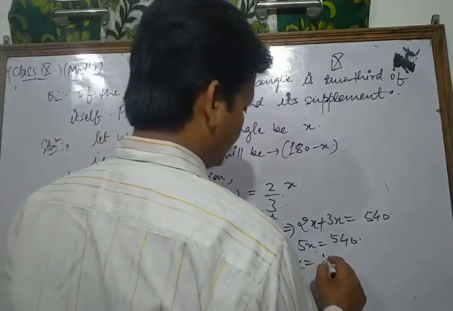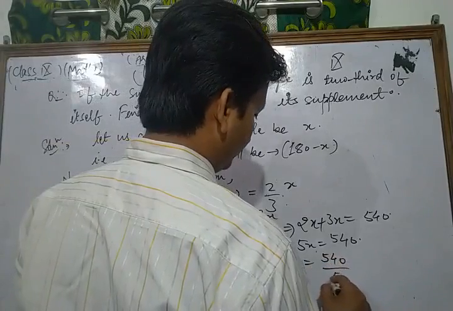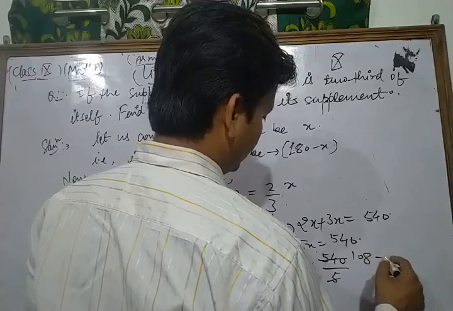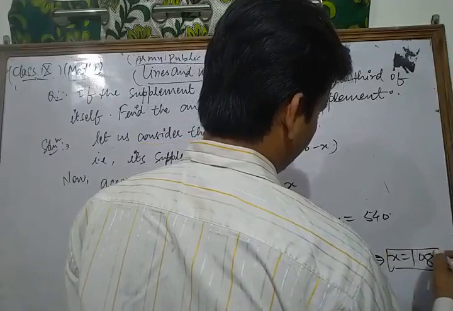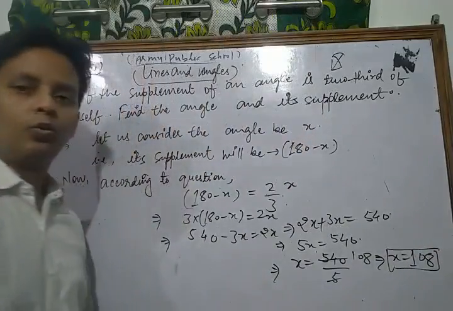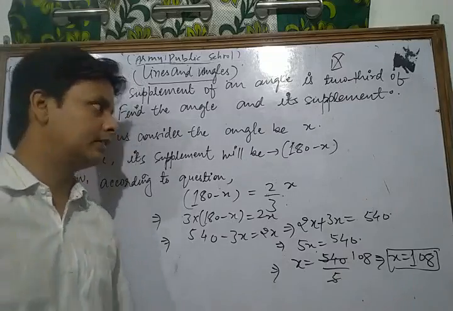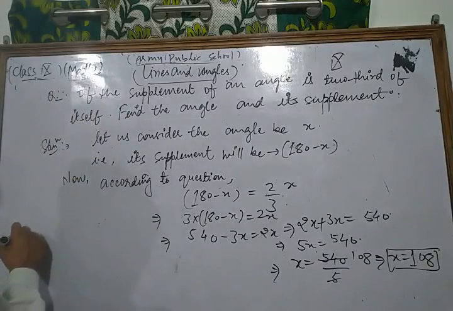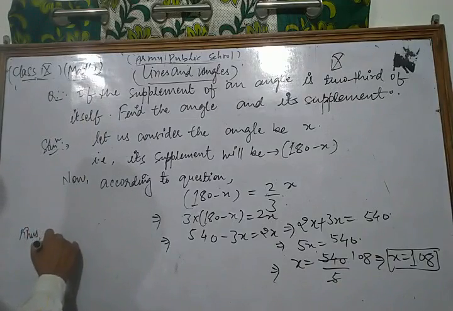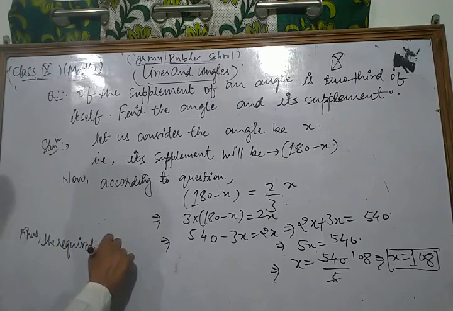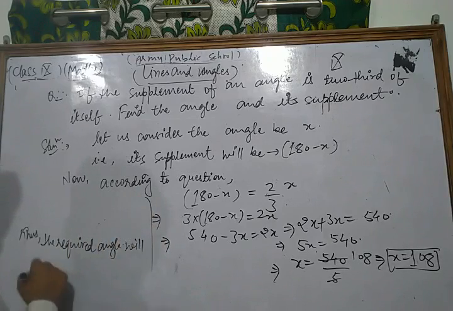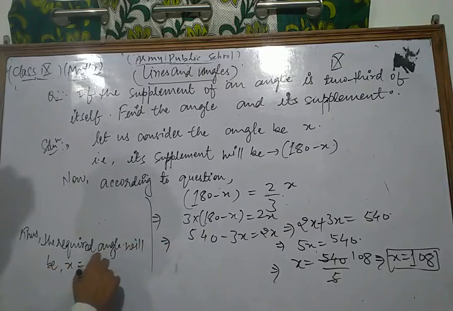x is 540 upon 5, which is 108. Thus x is equal to 108 degrees. So the required angle is x, that is 108 degrees.